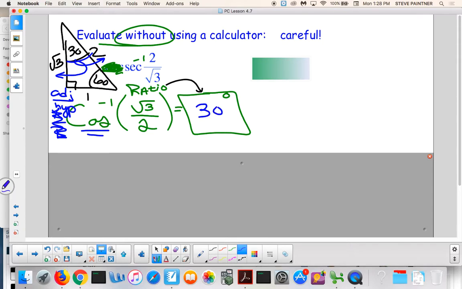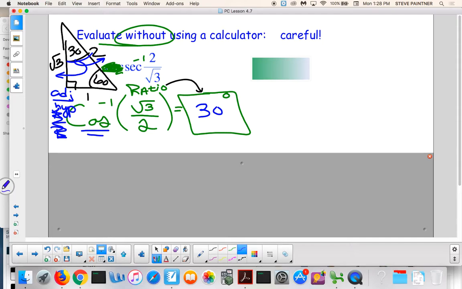Yeah, Emma. Why is inverse secant equal to, or like, cosine, or inverse cosine? Isn't inverse secant just cosine? No. Because cosine and secant are inverses of each other.